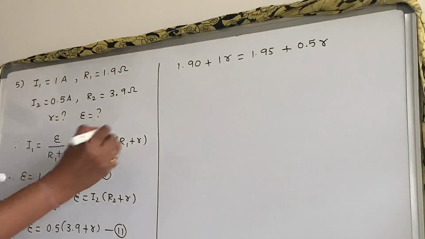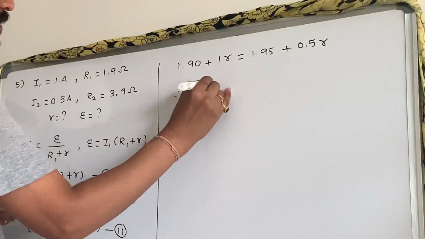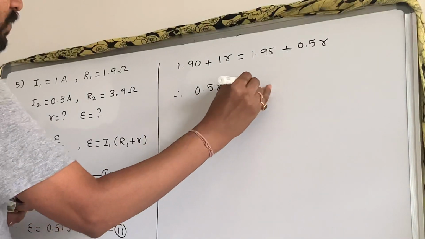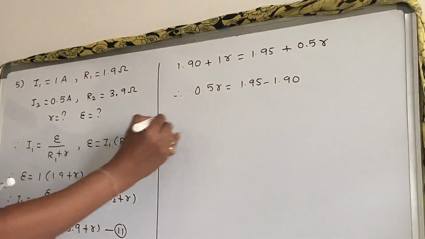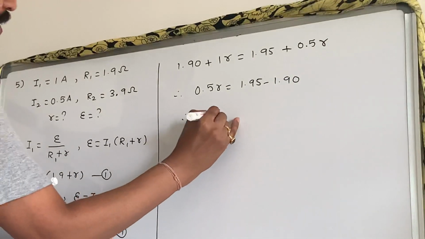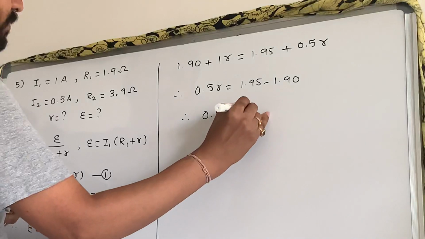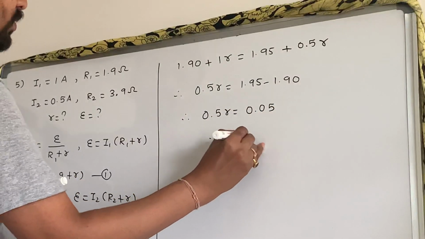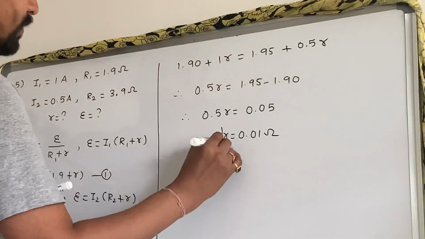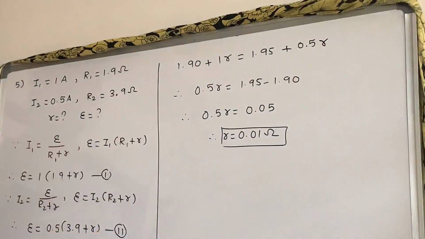If I subtract this part, this comes out to be 0.5 r is equal to 1.95 minus 1.90. So 0.5 r is equal to 0.05. So your r is equal to 0.01 ohm. r will be 0.01 ohm.